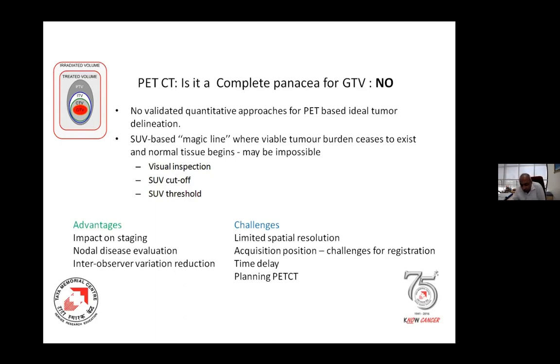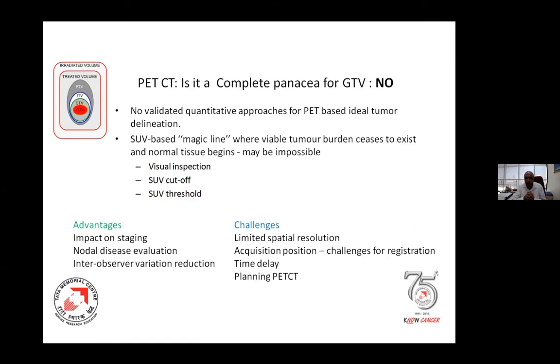Another important thing to understand is that the resolution of PET is far poorer than CT, maybe 4 mm plus, and also the PET takes more time in comparison to CT. So there may be challenges because of the time delay, and definitely many people will not get a planning CT in their systems to work on this.